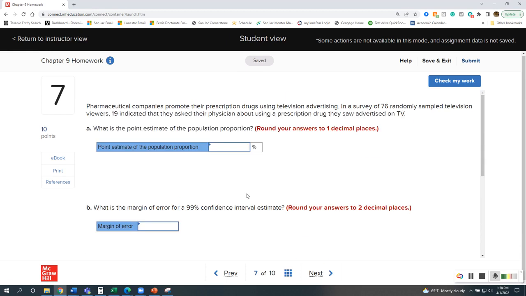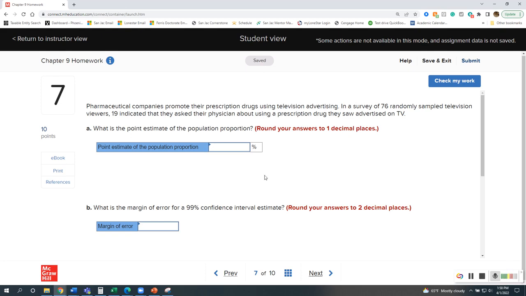Alright. Pharmaceutical companies promote their prescription drugs using television advertising. In a survey of 76 random sample television viewers, 19 indicated that they asked their physician about using a prescription drug they saw advertised on TV. What is the point estimate of the population proportion? Okay.